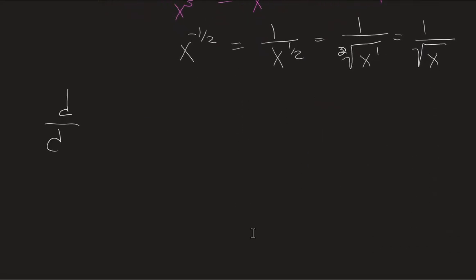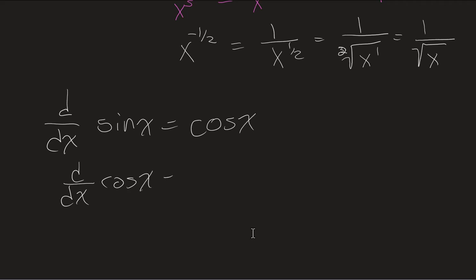The derivative of cosine x is minus sine x. The derivative of tangent x is secant squared x. The derivative of secant x is secant x tangent x.